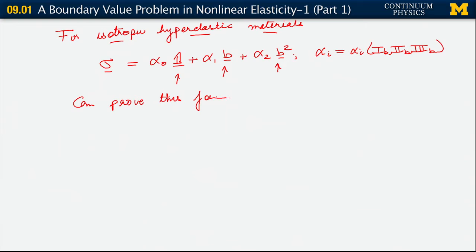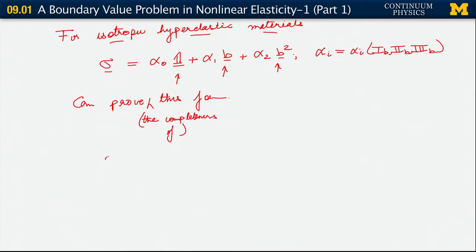Or properly stated, one can prove the correctness, or the completeness, of this form. And the steps in the proof are actually what I laid out at the beginning of the last segment.